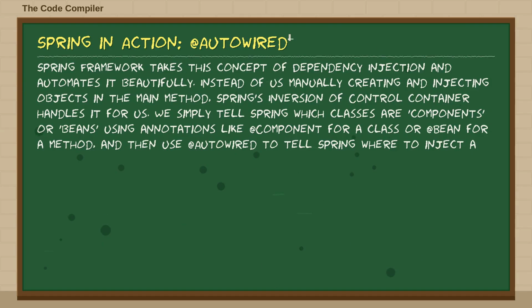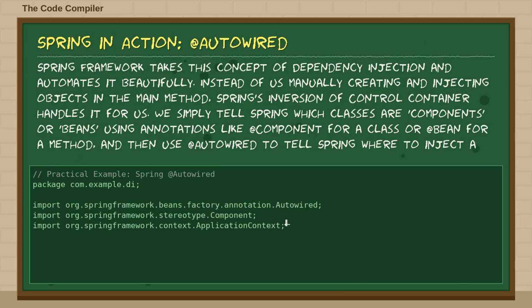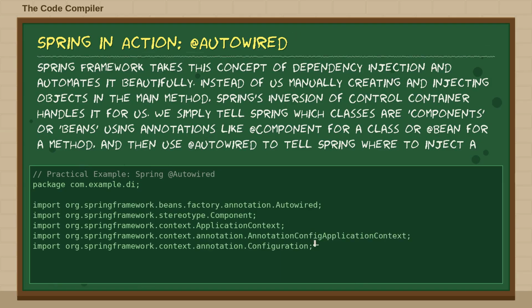When the application starts, Spring scans our code, creates instances of our components, and automatically wires them together based on these annotations. This means you write less boilerplate code for object creation and management, allowing you to focus on your business logic. Let us see a practical example using Spring annotations.